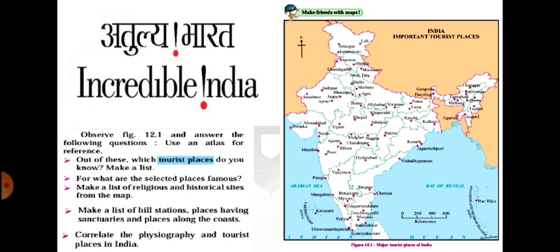Based on this geographical diversity given above, peculiar tourist destinations can be found all across India, which can be prominently seen on the given map.